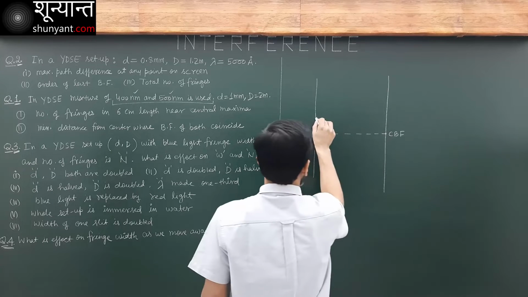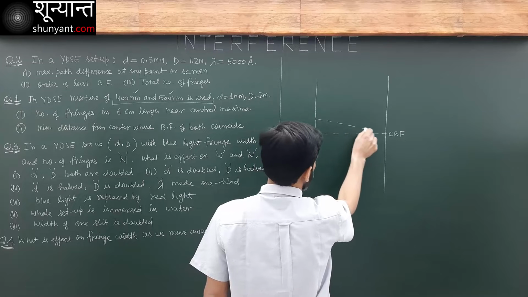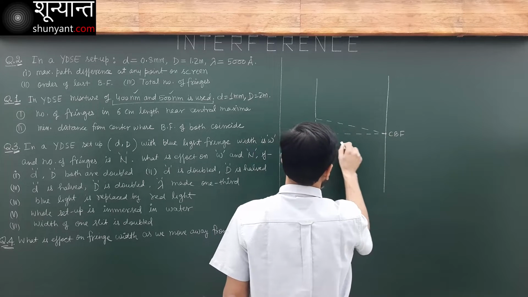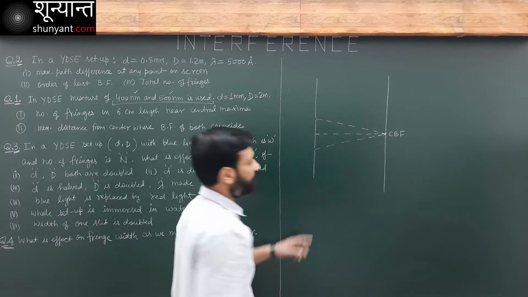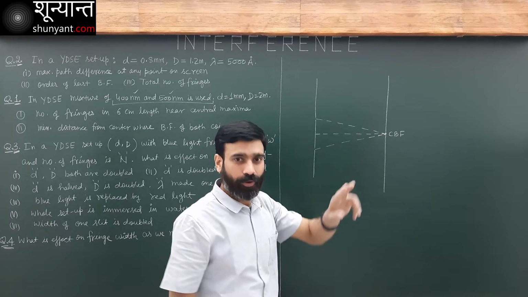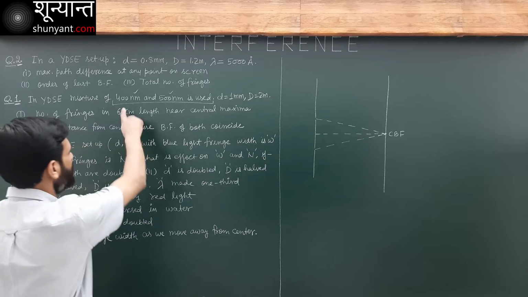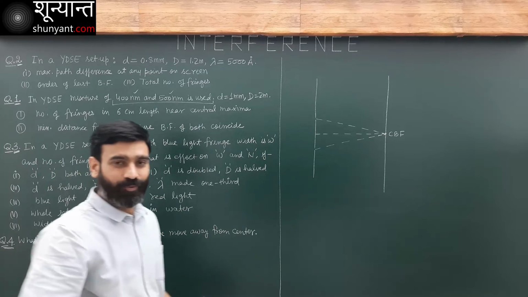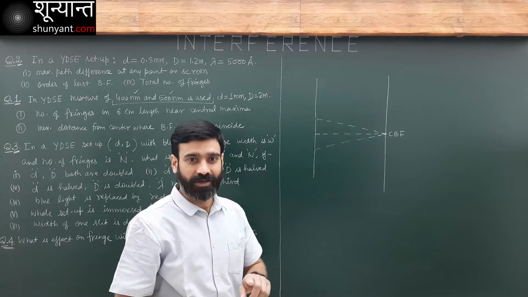At this point, the path difference is going to be 0, no matter what the wavelength is. So at the center, I am going to get a bright fringe for both lights.